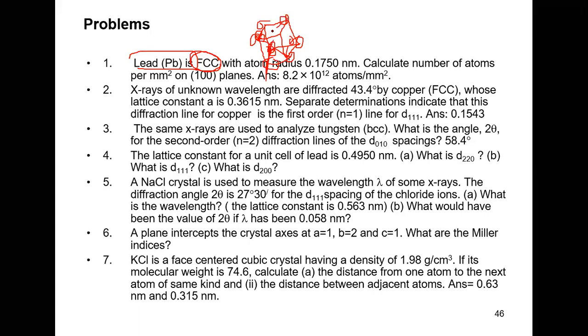I gave only 3 faces, and the behind face, this face and the bottom face are behind that one. Okay, so that's the typical unit cell of face centered cubic crystal.